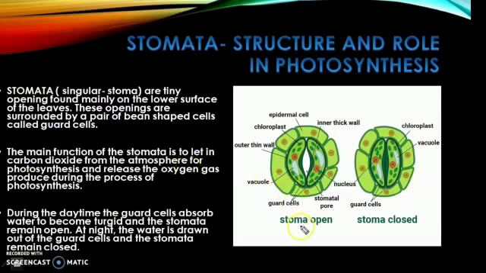The first diagram shows that the stoma is open, and the second diagram shows that the stoma is closed. Now, let us deal one by one with all the parts of a stomatal apparatus. This structure which we can see on the screen, children, is called the stomatal apparatus.